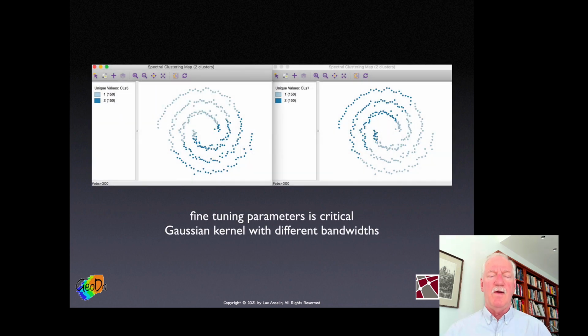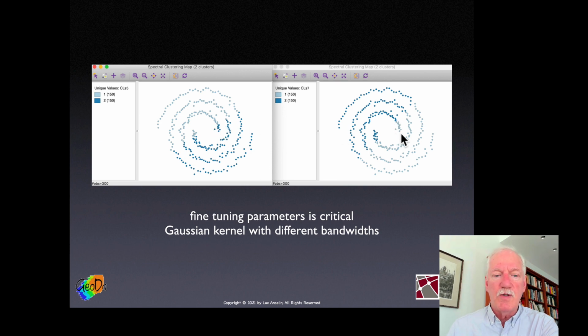As you see in the several examples in the notebook, the solutions are quite sensitive to the choice, for example, of k, or to the choice of the Gaussian bandwidth, and the results are always slightly different. So these are two sets of results, and you might say they're the same. They cut the data set in half, but you see the difference here, fewer points.